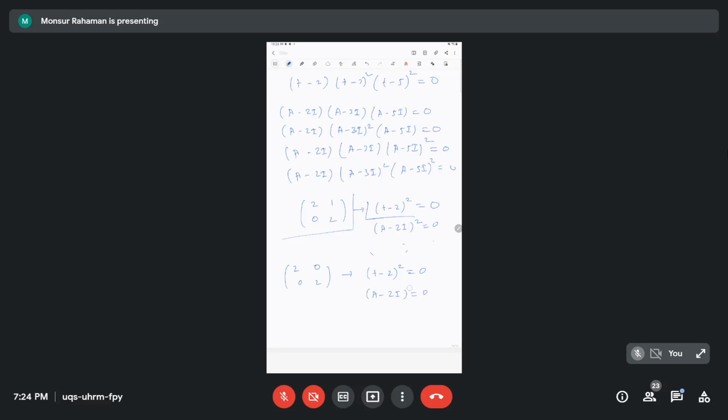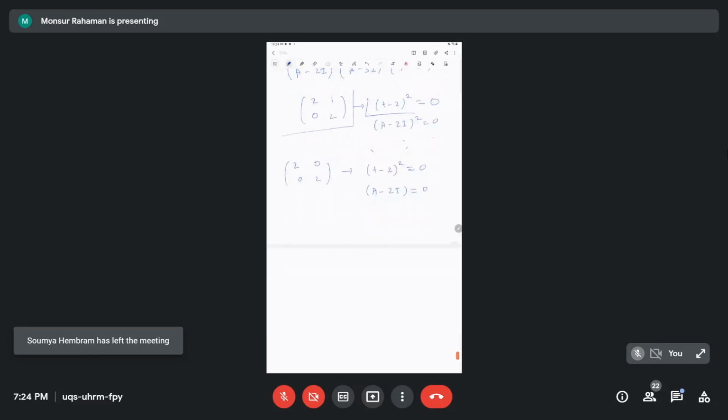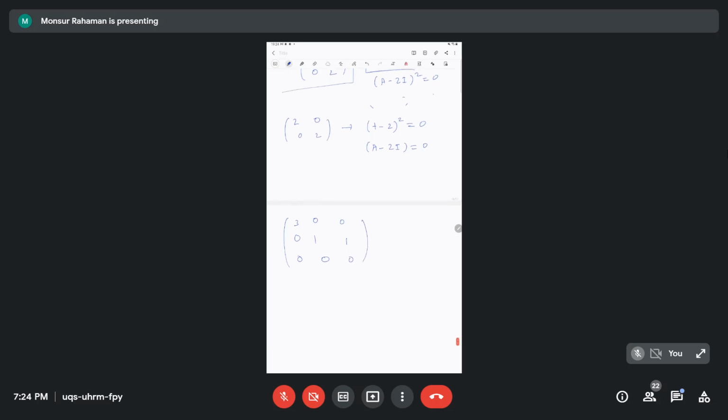Suppose I say the matrix A is 3 1 1 0 0 0 0 0 0. Because this is a triangular matrix, its characteristic equation is t minus 3 and t minus 1 squared equals 0.